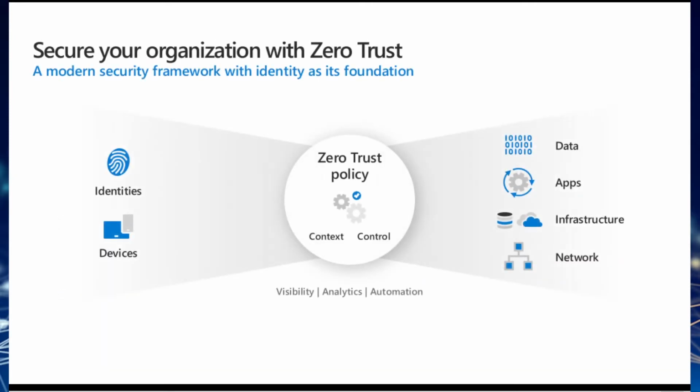So we built our security solutions upon a key set of principles, and basically there are three principles that we follow. First, move from assumption to explicit verification, right? So don't just assume that you trust someone. You need to verify that trust. The second one is adopt a policy-based least privilege access model, right?